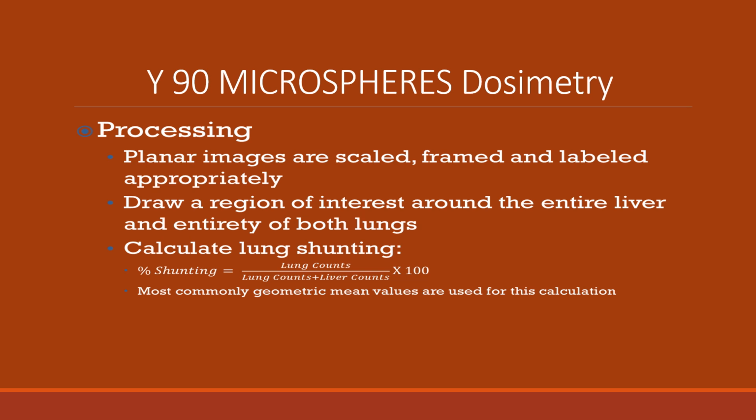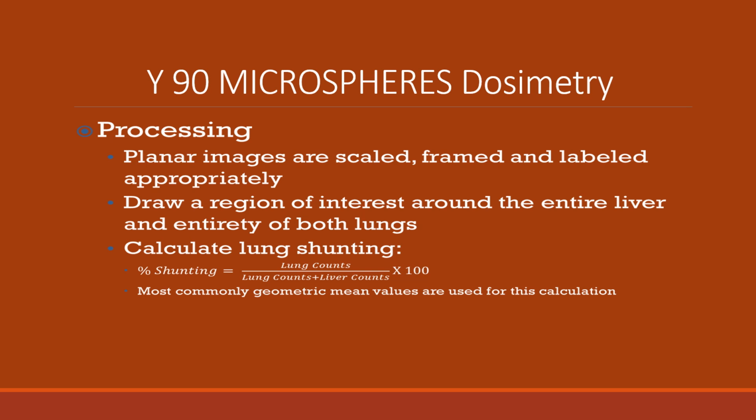The only difference is you're adding the region of interest of the liver, and you're comparing the uptake in the liver to the uptake in the lungs. So instead of comparing right and left lung or right and left kidney, it's a very similar analysis. The formula is even the same. It's just that you're comparing all of the lungs to all of the liver.